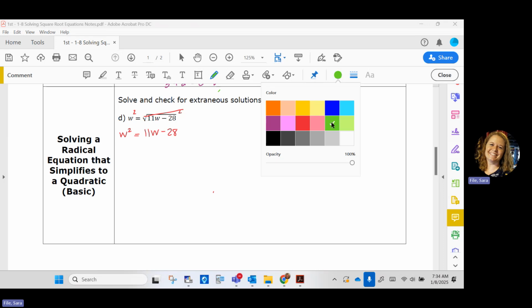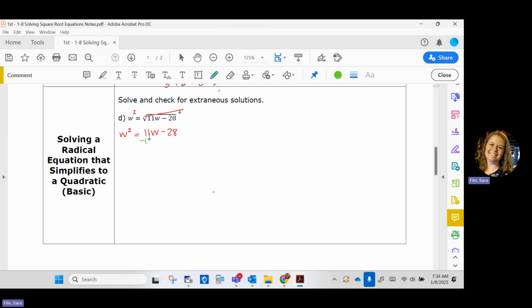So now I'm going to solve this. When I'm solving a quadratic, I need everything to one side, equal to 0. So I'm going to move that 11w over by subtraction and the 28 over by addition. So this is going to be w squared minus 11w plus 28 equals 0.